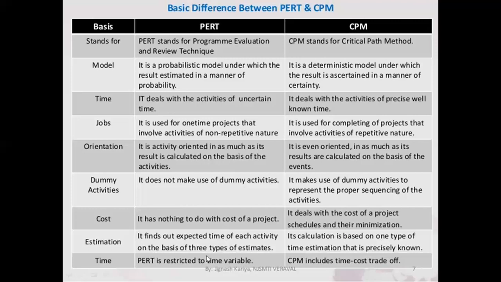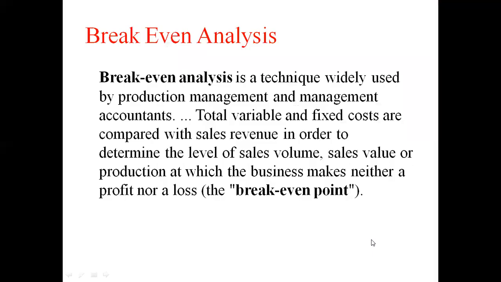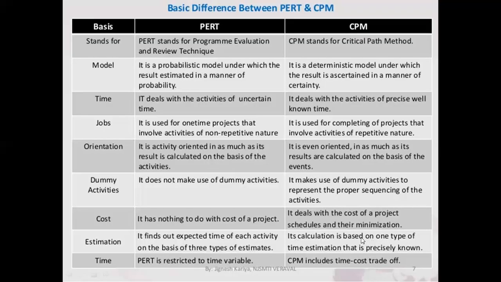Based upon the three timings, you are going to calculate the expected time of each and every activity in the PERT technique. Whereas in CPM, the calculation is based upon one type of time duration that is precisely known.